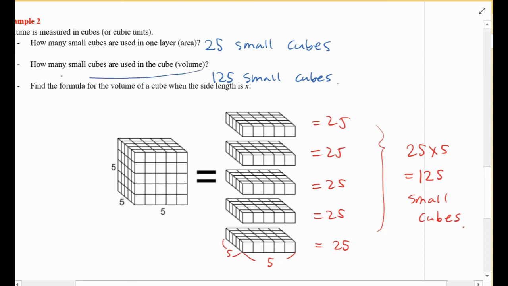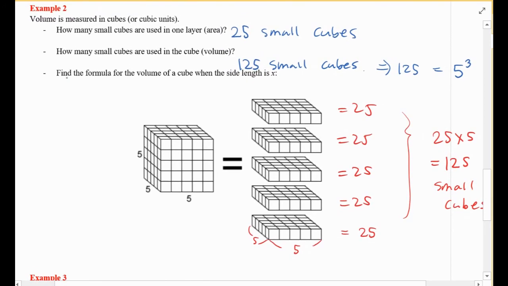Okay, so this is called volume. Everyone, when you find the first layer, this is the area of a square. And when you find the number of small cubes in the whole cube, that is the volume. The volume is 125. So you found 125 by cubing 5. So 5 cubed is 125. Okay? So find the formula for the volume of a cube when the side length is x.